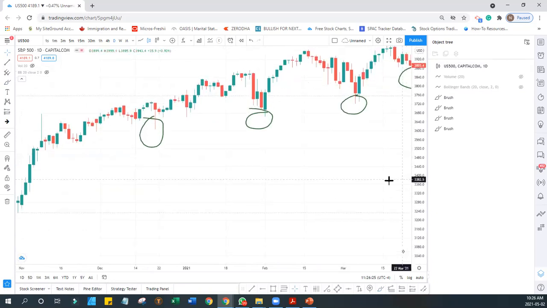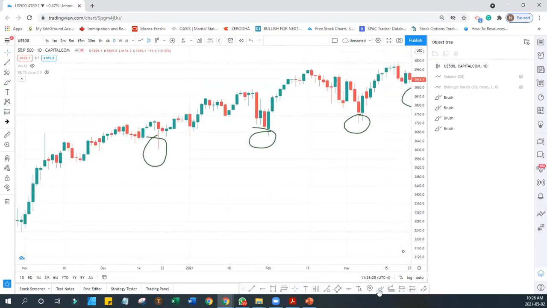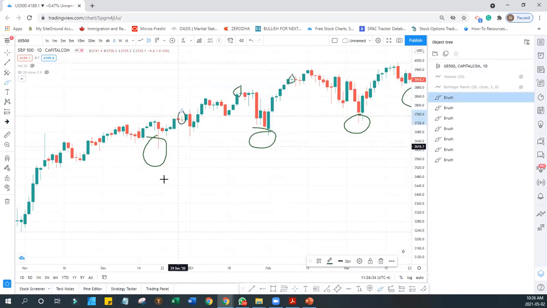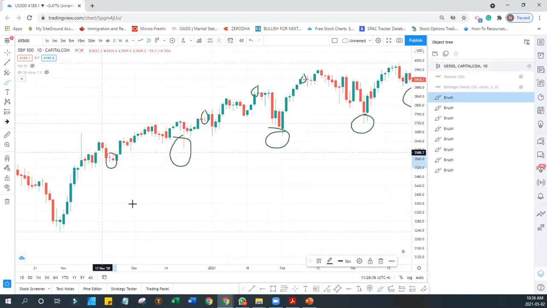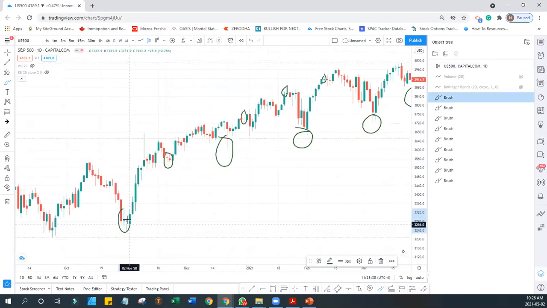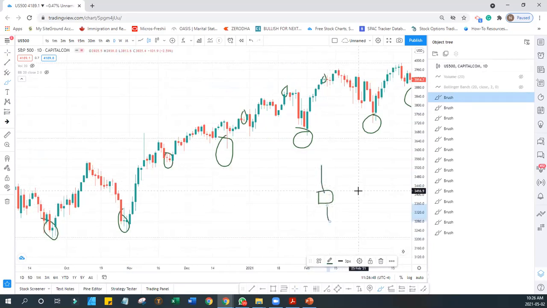And if you see here, the doji which you are talking about: this is a doji, this is kind of a doji, this is a doji as well, and this is kind of a doji as well. What does doji mean? You will see a small body, or a very tiny body or no body, and you have the wick on both sides.